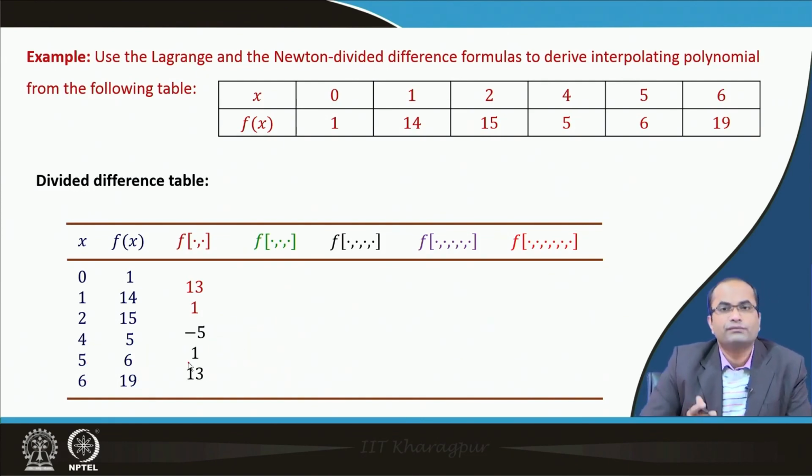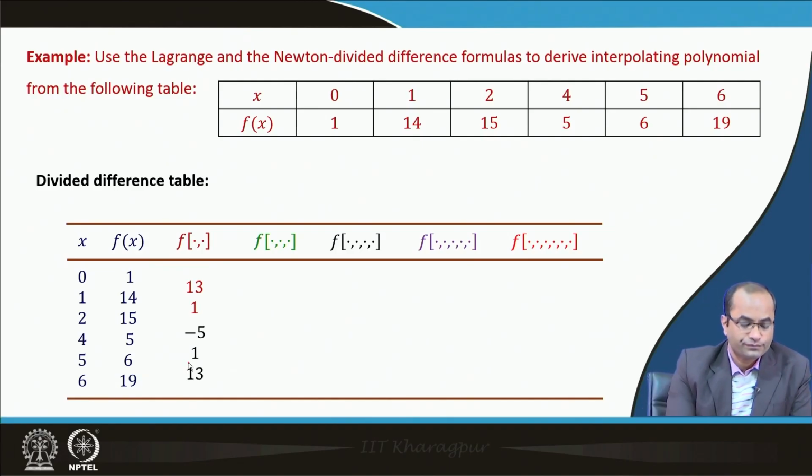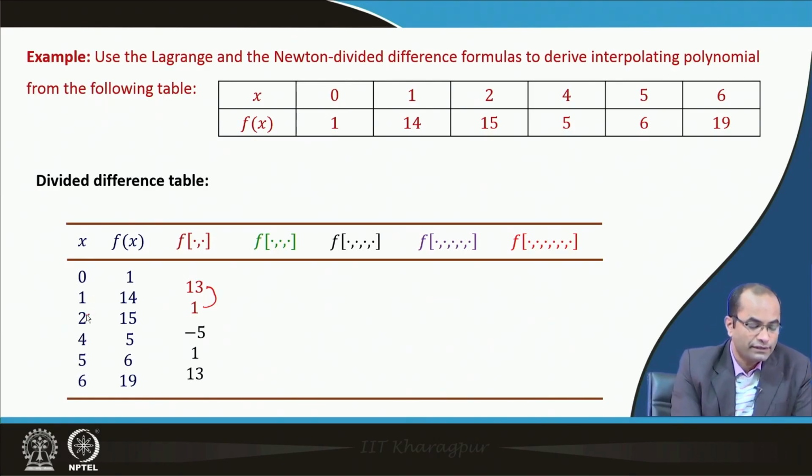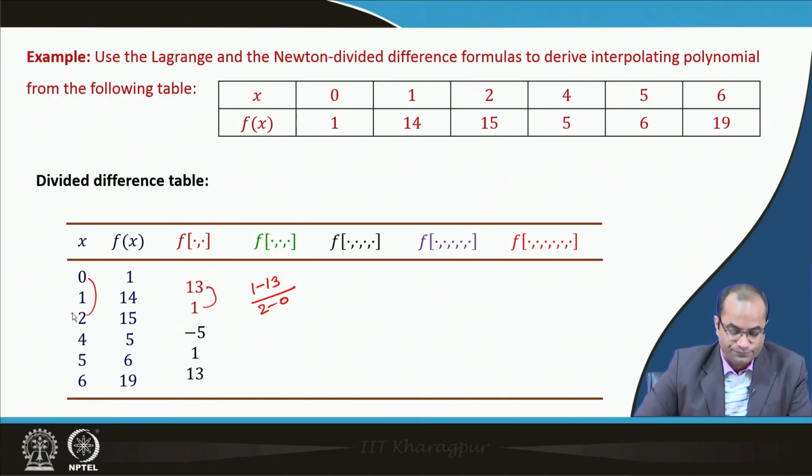So, similarly we have to continue with this process. For this case, now we have to take the difference 1 minus 13, which will be minus 12, and then divide by 2 minus 0, because now 3 points will be coming together.